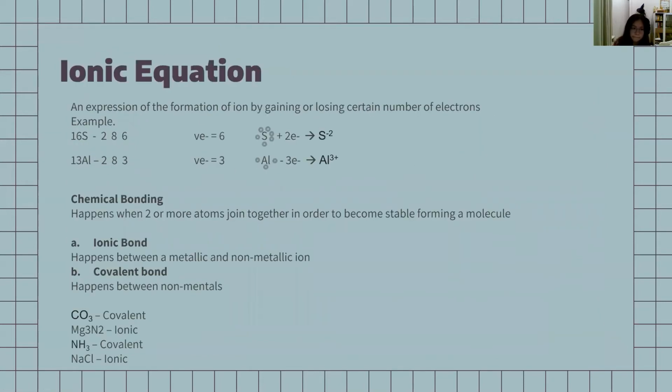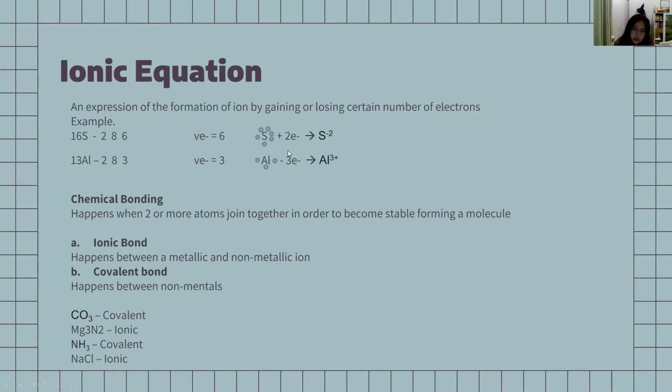So, ionic equation. An ionic equation is an expression of the formation of an ion by gaining or losing a certain number of electrons. For example, here, this is S or sulfur. The atomic number of sulfur is 16, and so we write the electronic configuration, which is 2, 8, 6, and then the valence electron is 6, so we write it in the form of a Lewis dot symbol.